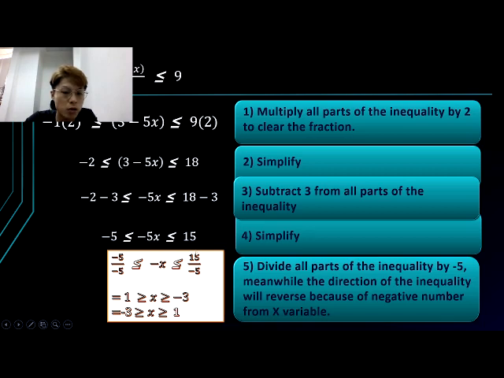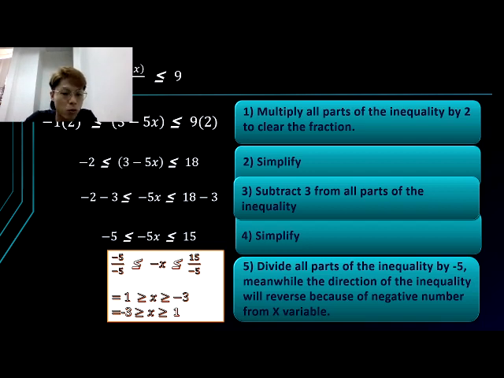In the next step we move out the -5x. Since the -5 is multiplied with x, we have to move it out also. So in the next step it becomes -5 divided by -5 ≤ -x ≤ 15 divided by -5.